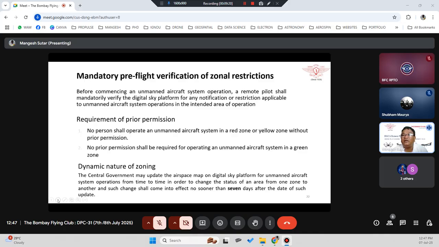There were a couple of RPTOs in those zones, like 3 RPTOs in the Pune, Solapur segment, and they were badly affected because they could not fly the drones or continue their trainings. They had to approach the Ministry of Civil Aviation's Airport Authority of India and DGCA to give them a temporary approval to fly the drones within their airbase.